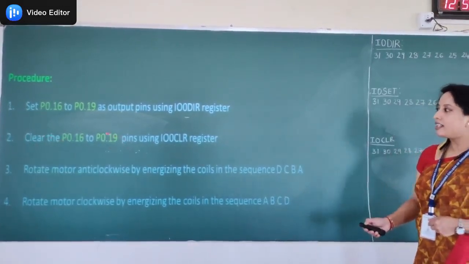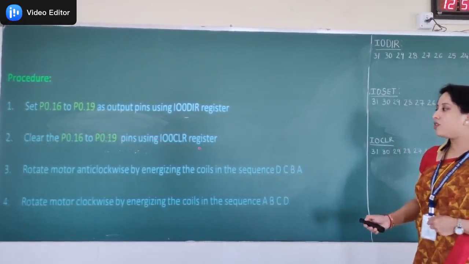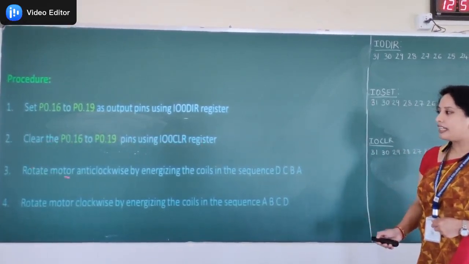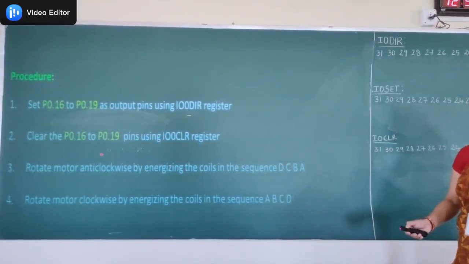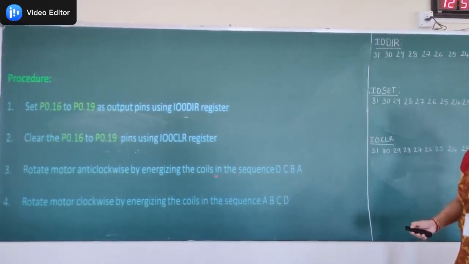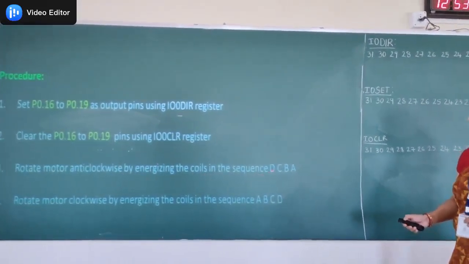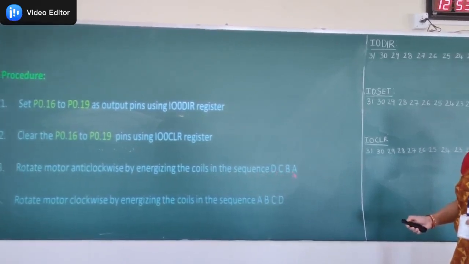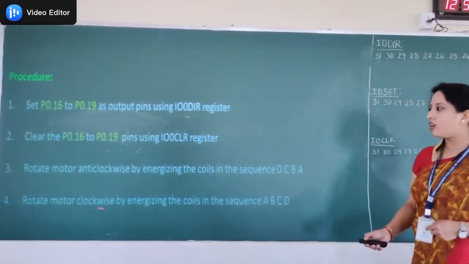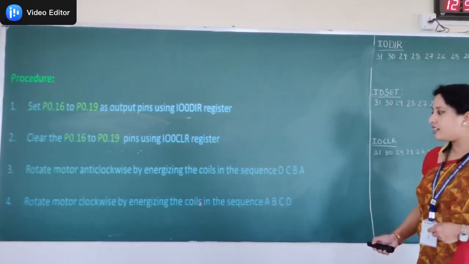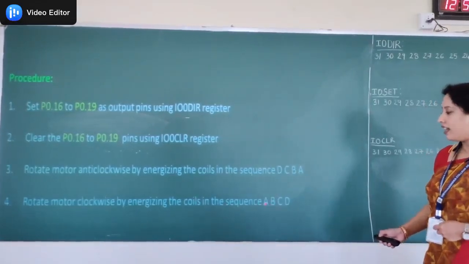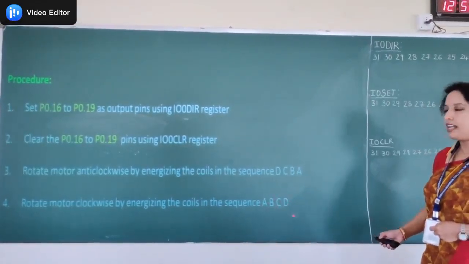Next, clear these pins by using the IO0CLR register. Then rotate the motor anti-clockwise by energizing the coils in the sequence D followed by C, B and A. Then rotate the motor clockwise by energizing the coils in the sequence A followed by B, C and D.